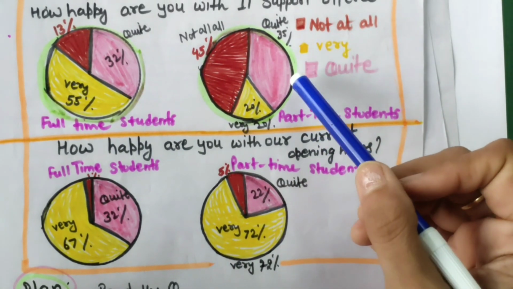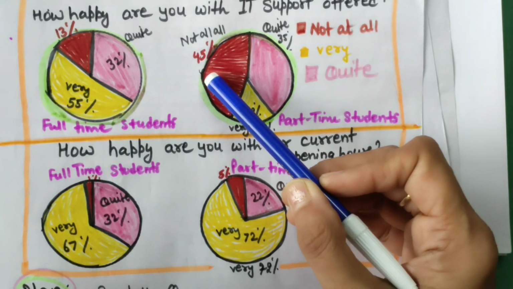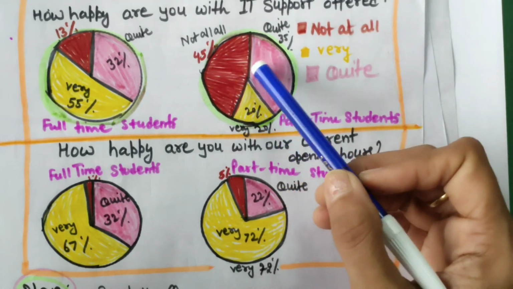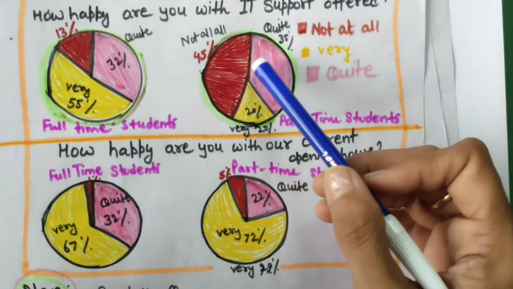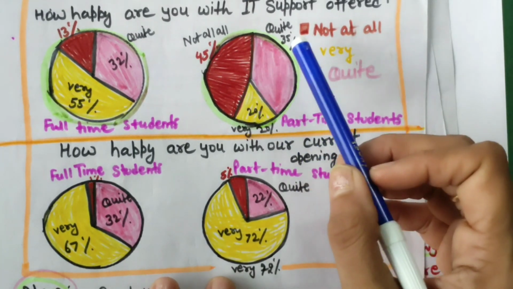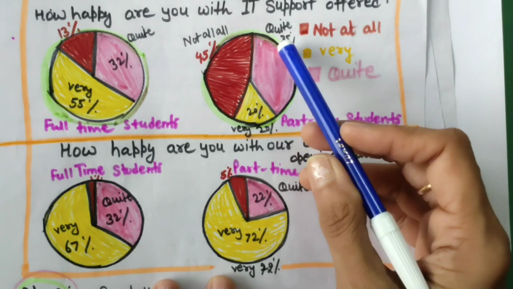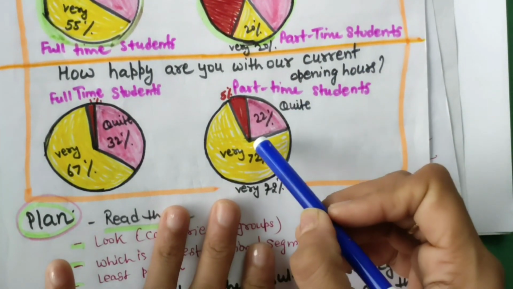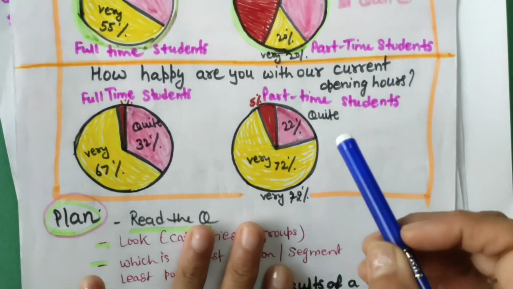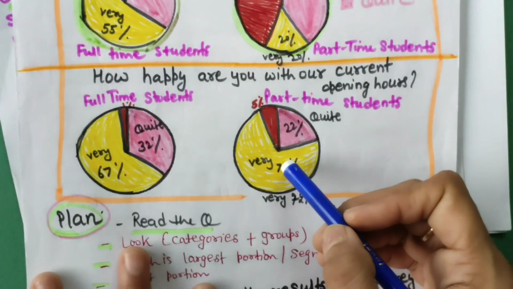And here for part-time, 45% of students are not at all, they don't have any interest, any idea whether they are happy or not. So 20% very satisfied and quite satisfied is 35%, but here a contradiction is there. In every task you will get some contradictory data.